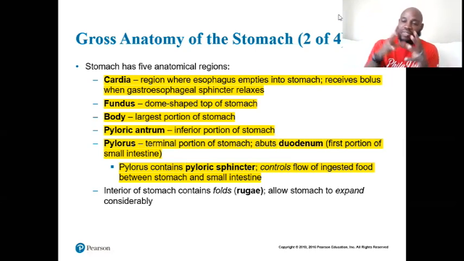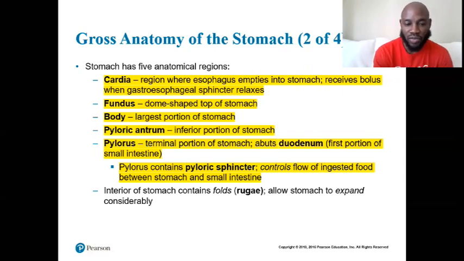So things open and then close off so that food does not go in the wrong direction, right? We want everything basically flowing from superior to inferior, right? Now, when you go through the intestines, you kind of go around, so it is a little bit going superiorly again, but for the most part, from one end to the other, right?